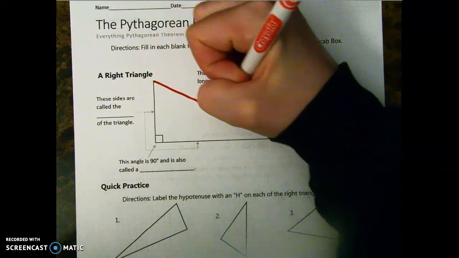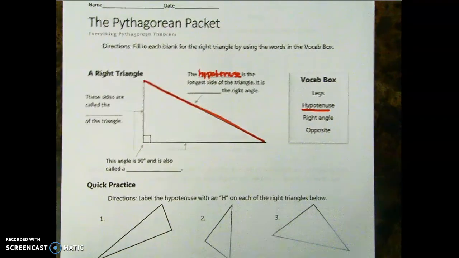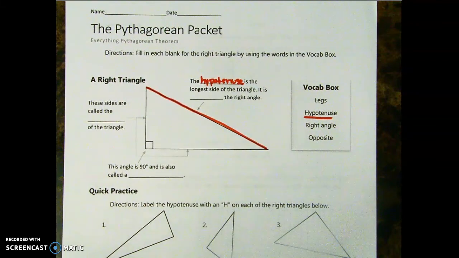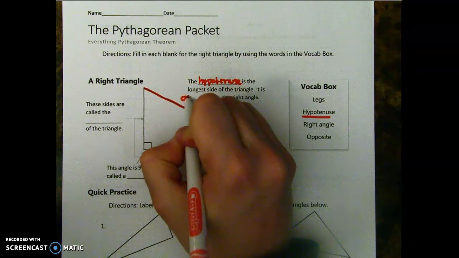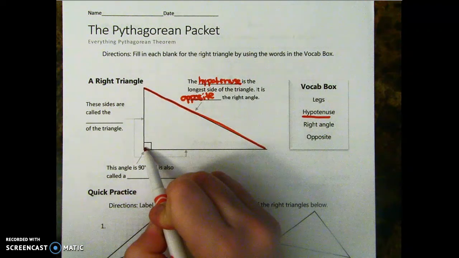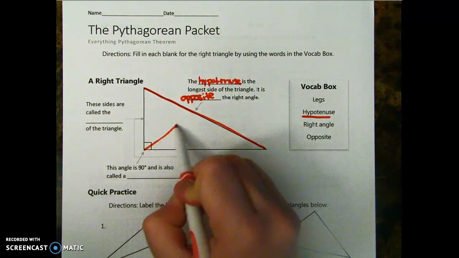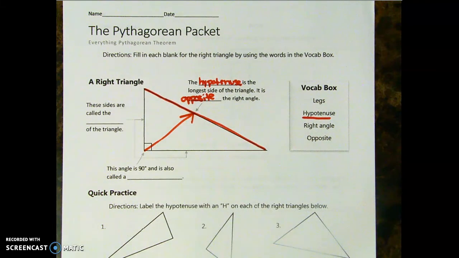It's always the longest. And you can always spot the hypotenuse no matter what way the triangle is facing, because it is opposite of the right angle. So here's the right angle, and I always draw an arrow to the side opposite, and that is where your hypotenuse is going to be.